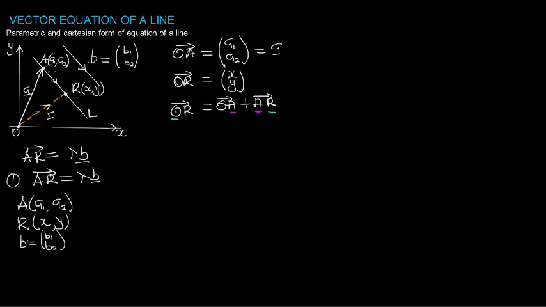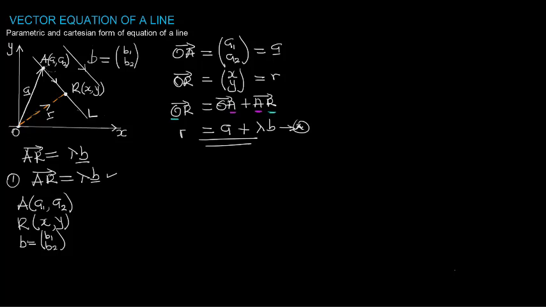So from here, OR is equal to small r. So r is equal to OA, which we denoted by A, plus AR. We have said that AR is equal to lambda B. So if we substitute, we have r equals A plus lambda B, and this is the vector equation of a line.